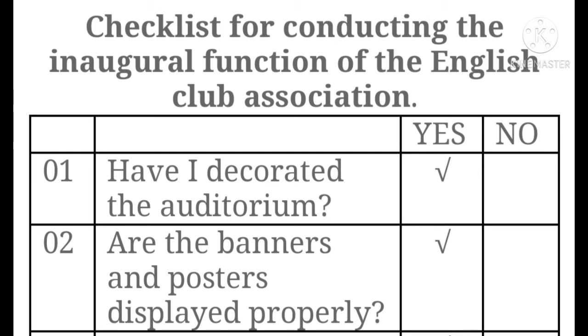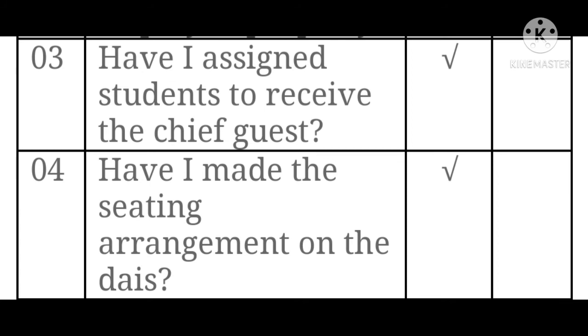The first one is, have I decorated the auditorium? The second one, are the banners and posters displayed properly? The third one, have I assigned students to receive the chief guest? The next, have I made the seating arrangements on the dais?